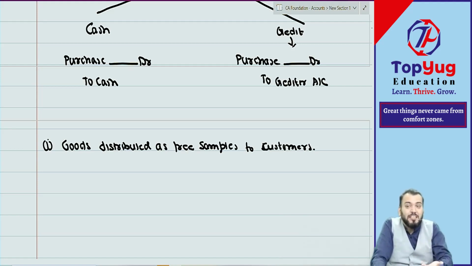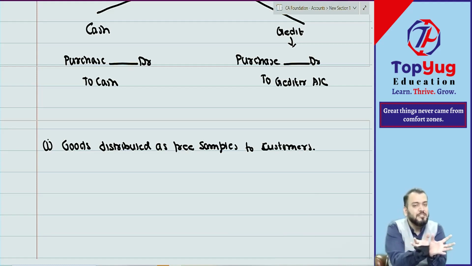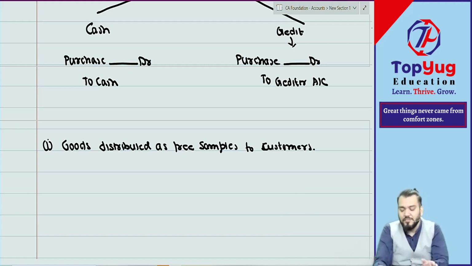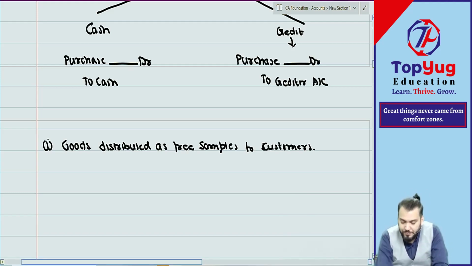The other aspect is an expense, because you have distributed the goods, and you do that because you know you will receive some benefit in future. Normally free sample will be considered as an expense account. So what journal entry will you do?